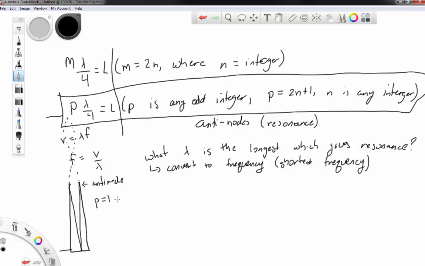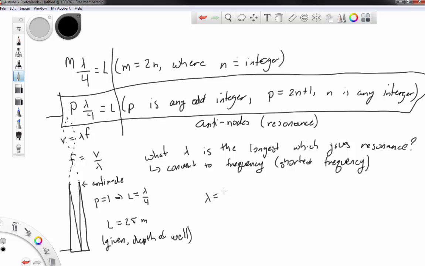So p equals 1, and therefore L is equal to lambda over 4. L is 25 meters, given because it's the depth of the well. And so what we're solving for here then is lambda.